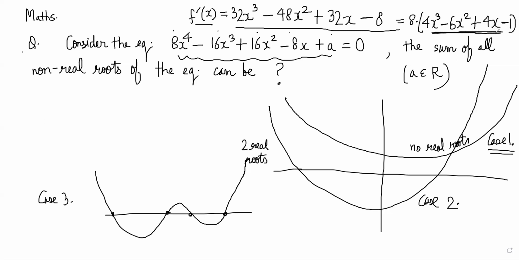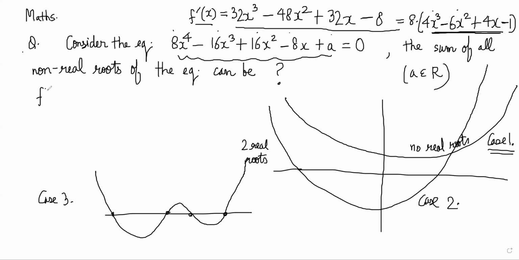You have to understand the nature of the f dash x function. The f dash x function will be different in different cases. If you put some values here, you will realize whether it is constantly increasing or it can have one real root or three real roots.